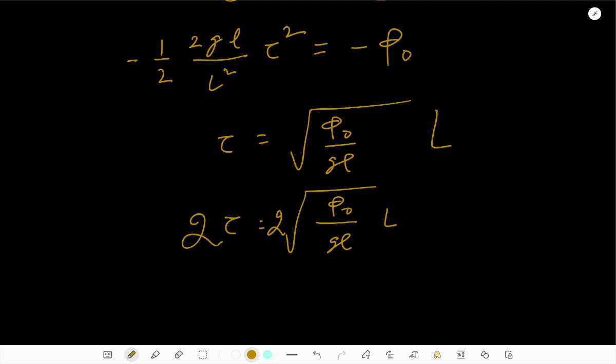Then it will again rotate to the horizontal, and then again move to an angular position of phi naught about the left corner, and then it completes the full cycle. In that case, its time period to complete the full cycle will be 4 tau.